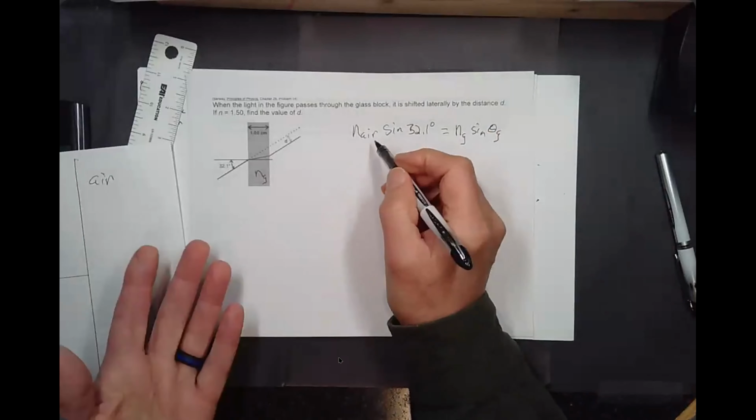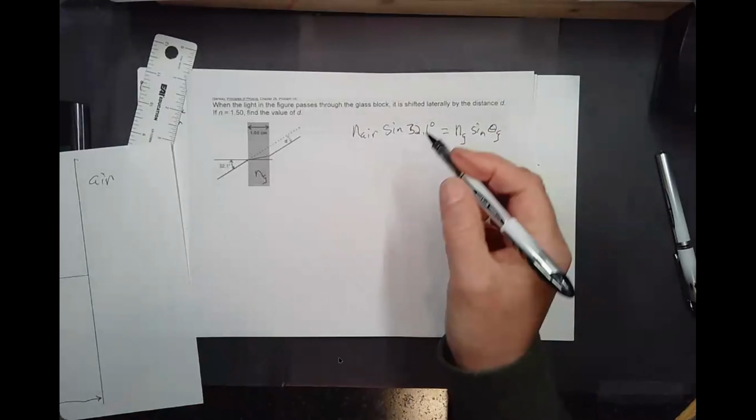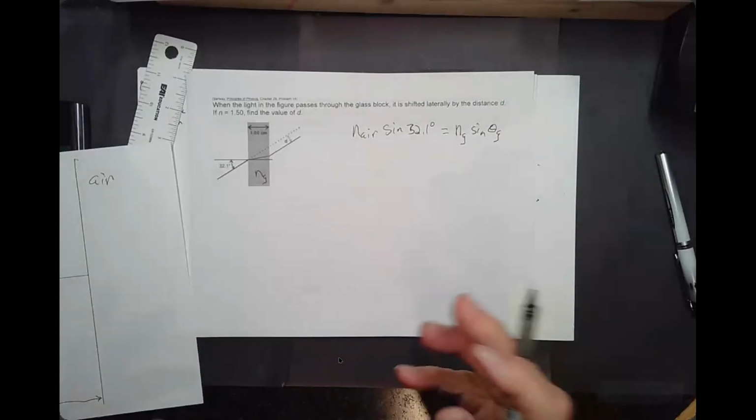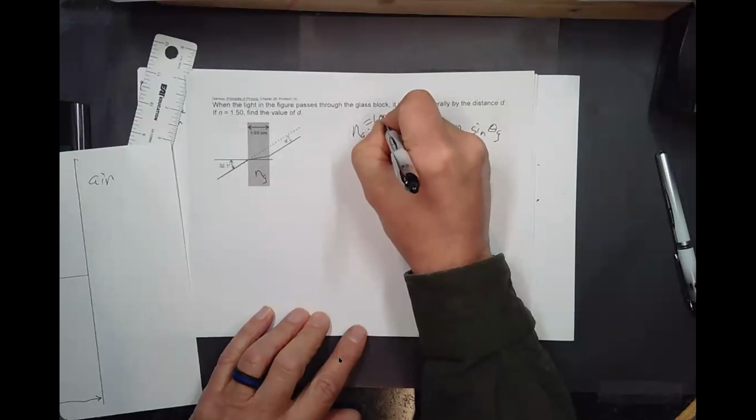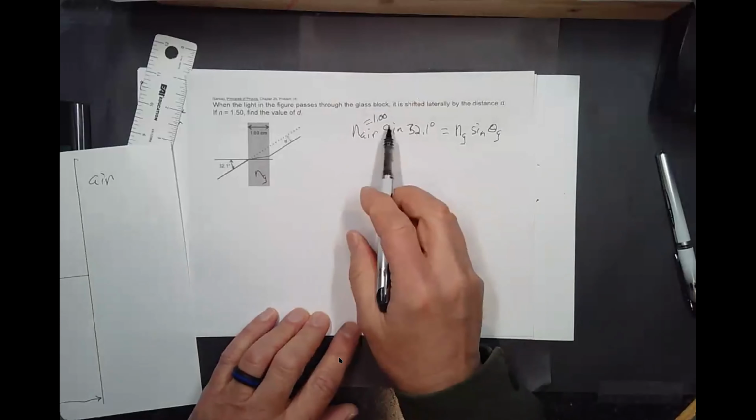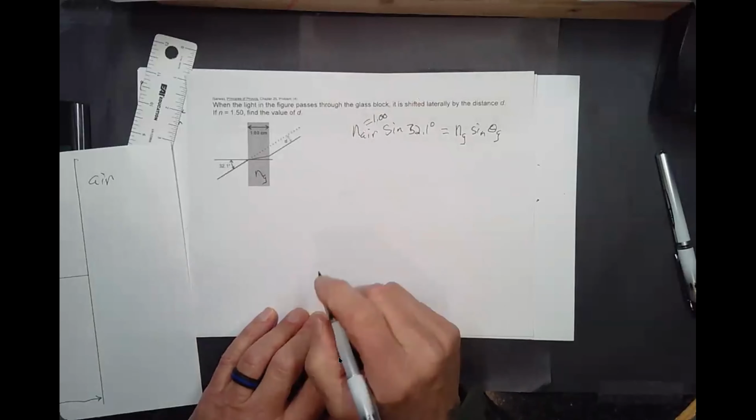Well, n in air is 1.000. So I'll just treat that as 1.00 because that's about what it is, and so I don't have to worry about it.